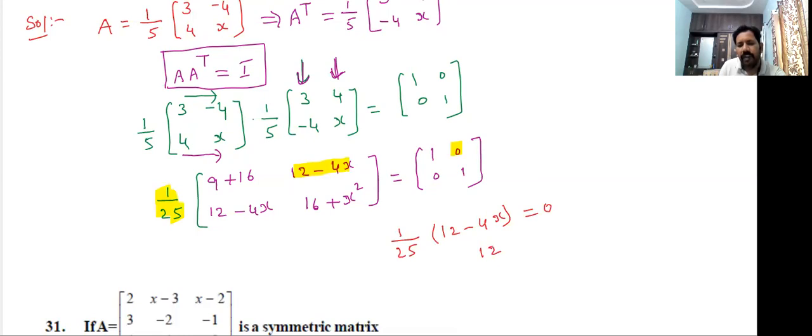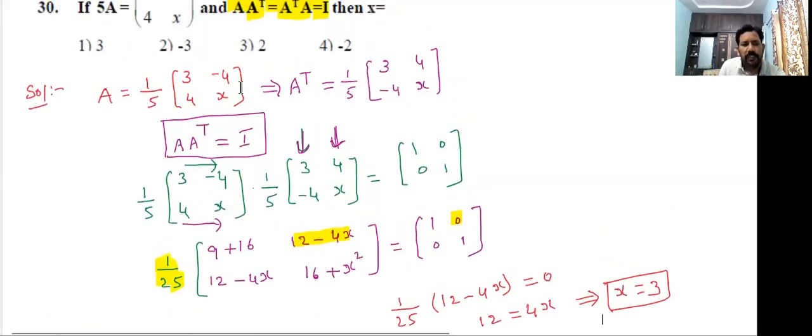Then 12 minus 4x is equal to 0, 12 is equal to 4x. Then what is x, students? x is equal to 3. This is the answer. Verify the options. First option correct.